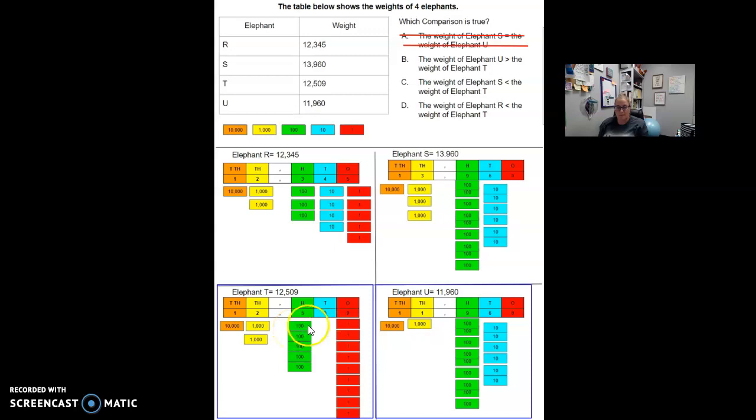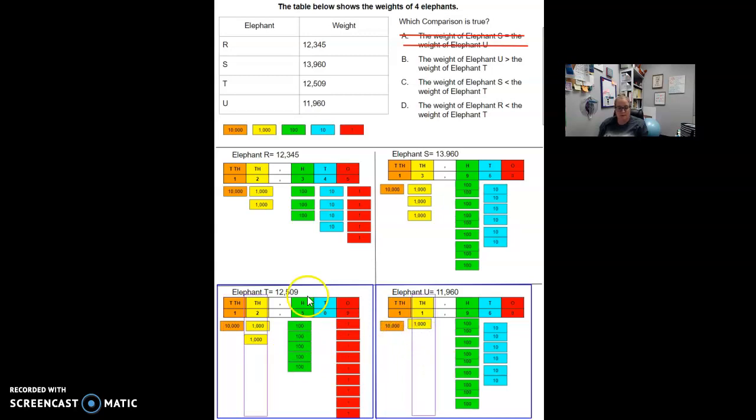So again, I'm going to start by looking at my place value, and I'm going to start at the one that's the furthest to the left. So I'm going to look at my 10,000s place first. Well, I'm able to see that elephant T has 1 ten-thousand and elephant U has 1 ten-thousand, which is great, except again, that doesn't help me compare. So now I'm going to move to my thousands place.